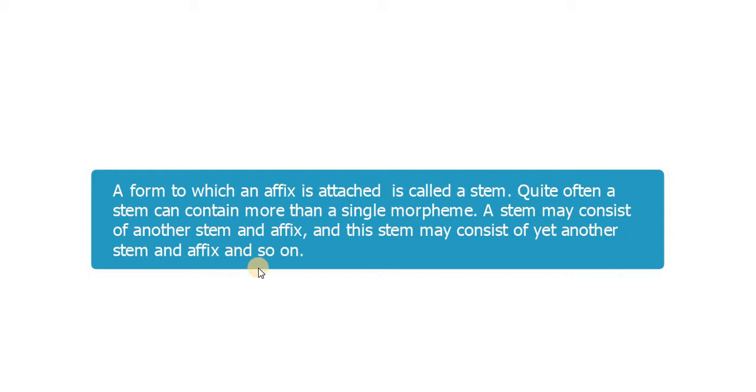Now, a stem can contain more than a single morpheme. A stem may consist of another stem and affix, and this stem may again consist of another stem and affix, and so on. So n number of affixes can be added to a stem, or a stem can get itself attached to a larger cluster of affixes.